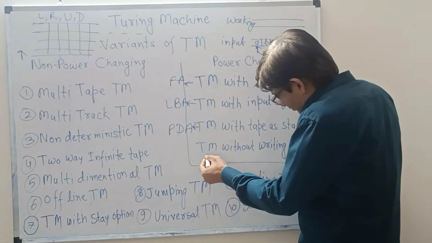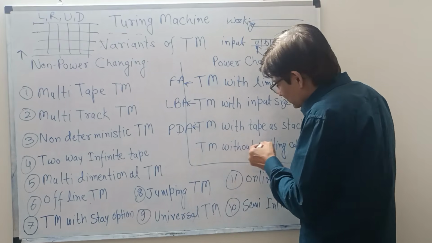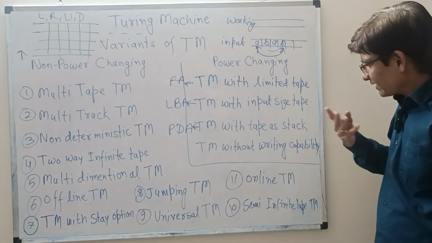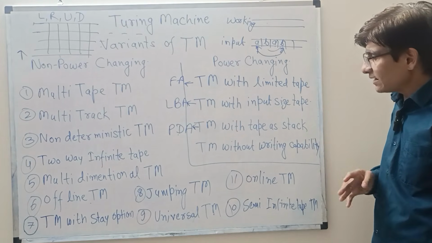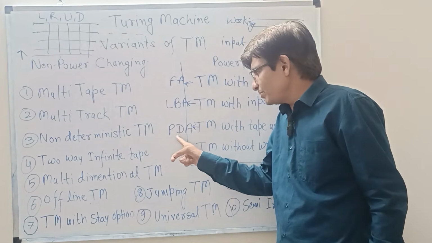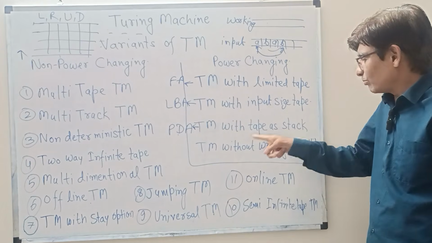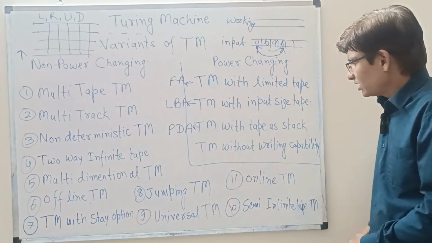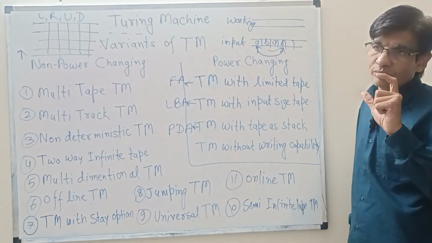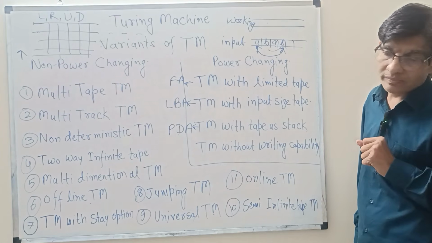Now the fourth variant is Turing machine without writing capability. In finite automata and PDA, which we have discussed in detail in this playlist, in both these mathematical models you were not able to write something or replace some input symbol.